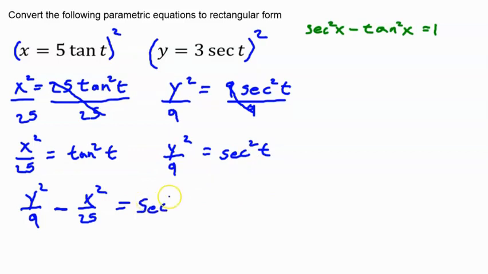So we're going to say secant squared, and I know I put x, but it was really t. But in any case, it's the same thing. It's going to end up being the same problem. Whether it's t, x, y, z, theta, secant squared minus tangent squared will always be 1. So now this whole thing is equal to 1, and we're done.